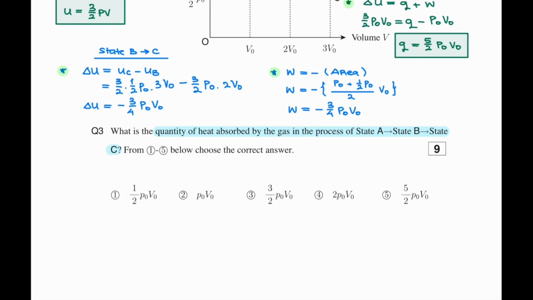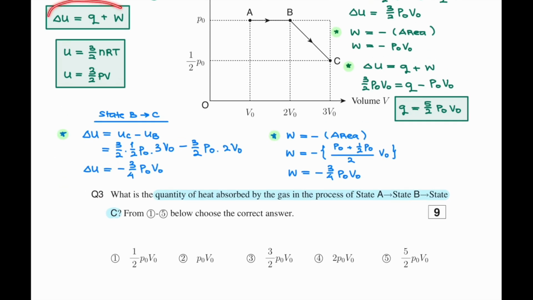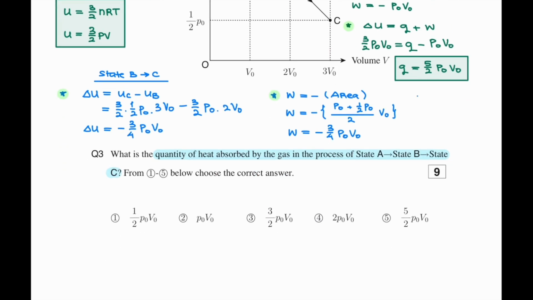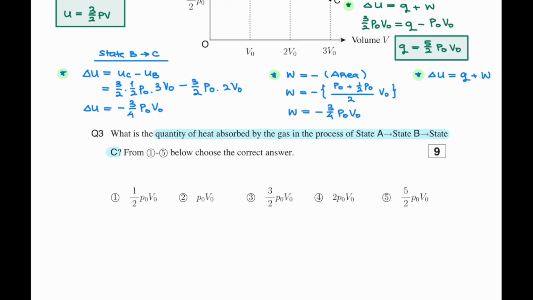Last step is by using the first law of thermodynamics, we can calculate the heat for process B to C. Delta U equals Q plus W. We want to calculate the Q. I already know that delta U is negative 3 over 4 PO VO, which equals Q plus my W, which is negative 3 over 4 PO VO.